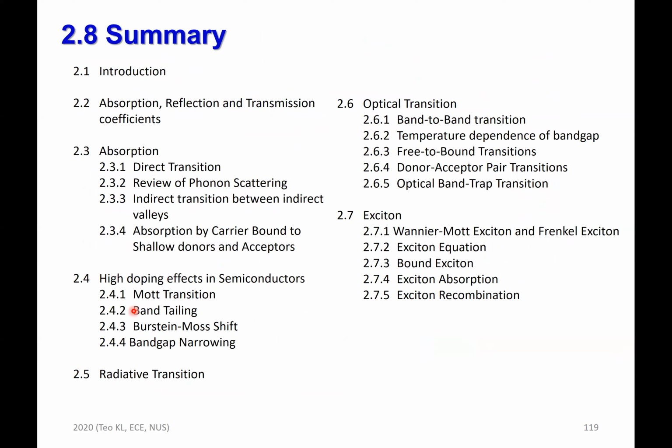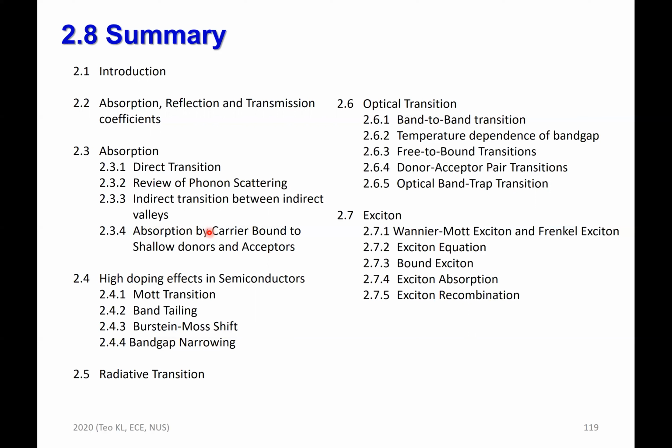To summarize chapter 2, we have discussed absorption, reflection, and transmission coefficient in semiconductors. For absorption, we talk about direct transition in direct bandgap semiconductors, and indirect transition between indirect valleys. Basically, we need a two-step process, and this involves the absorption of a phonon and emission of a phonon.